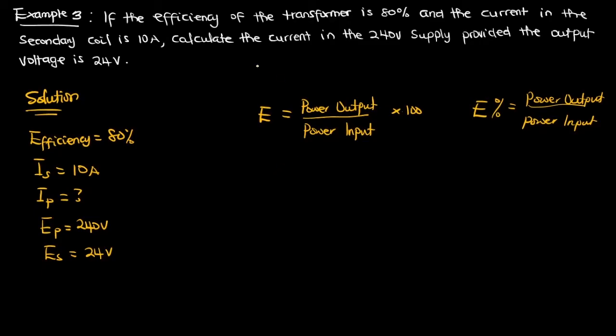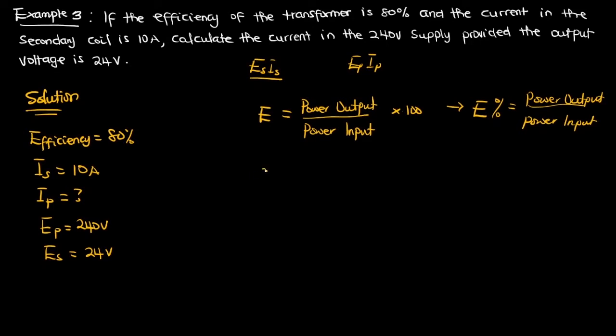What is power output? Power output is voltage times current. So obviously it's equal to ES IS. This is the power output. Then the power input is EP IP. So for the efficiency, we are going to use this version of the formula.